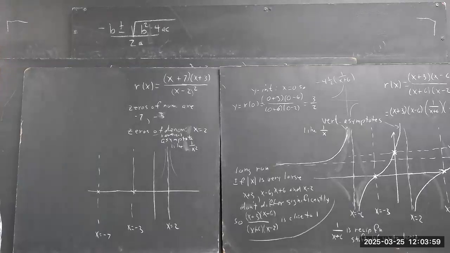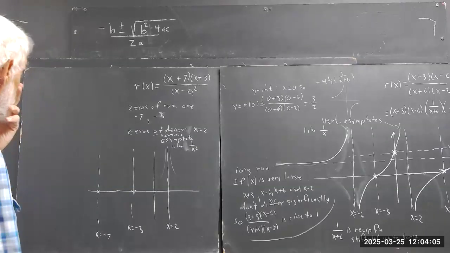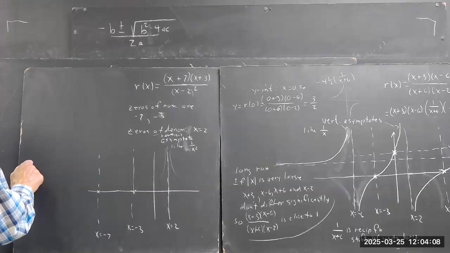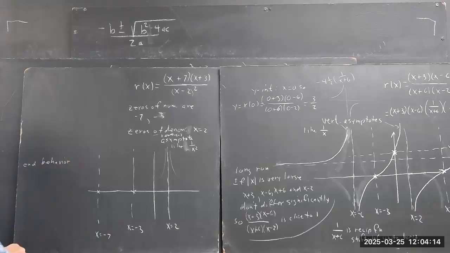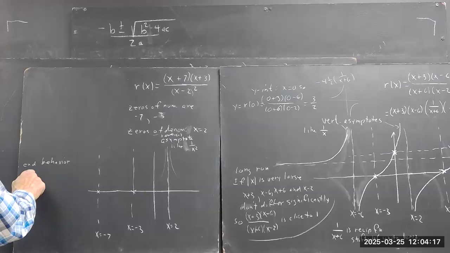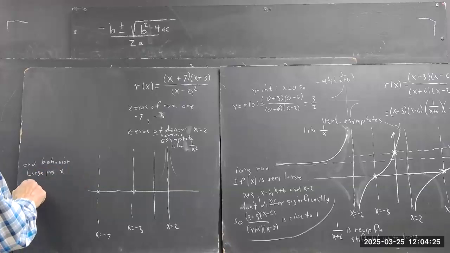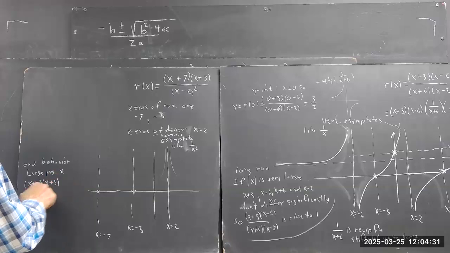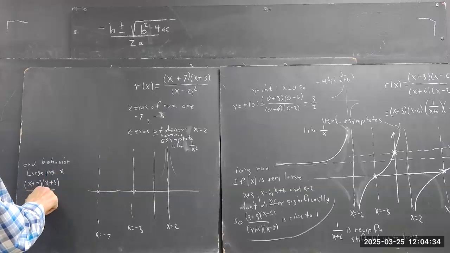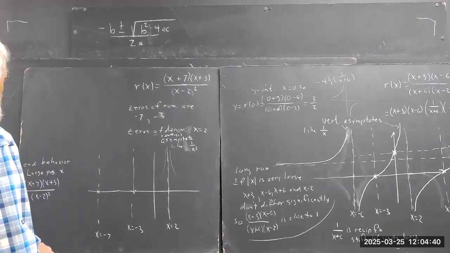Now, long run, as x goes to infinity, end behavior. Large positive x. (x plus 7) times (x plus 3) over (x minus 2) squared.